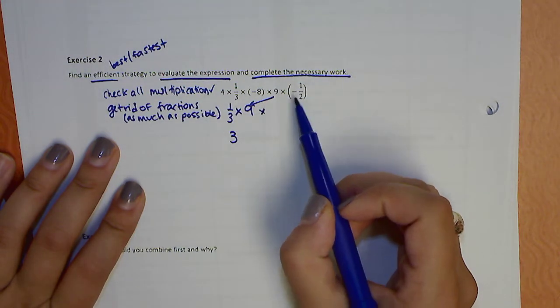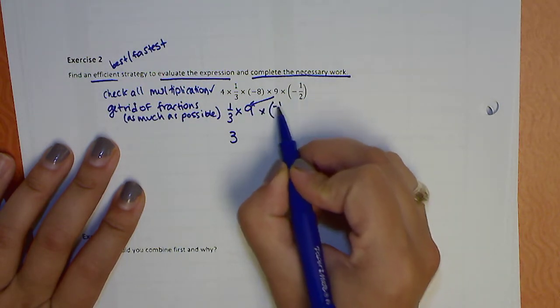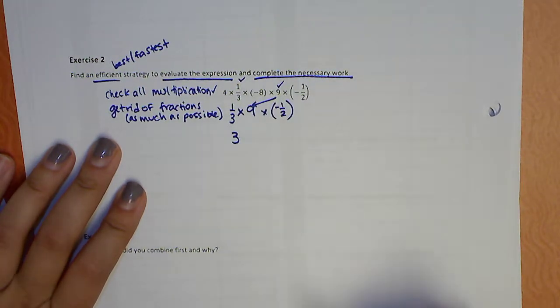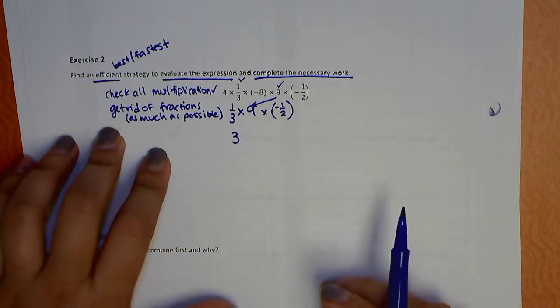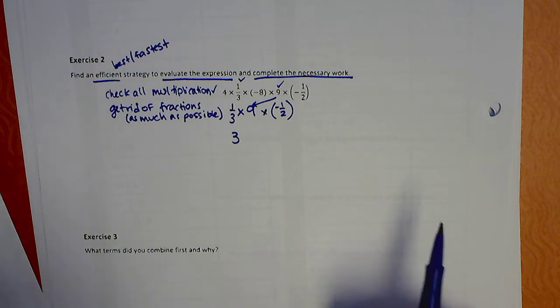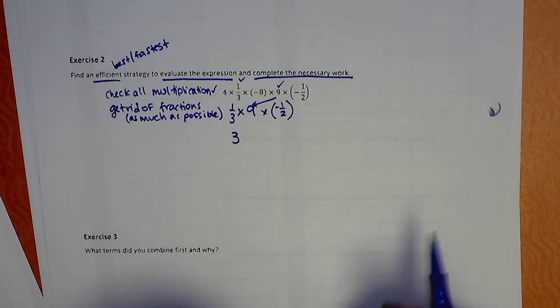I also want to get rid of this negative 1/2. We've already used this one in our rewrite. Let's see if there's another number that we can multiply that will change the negative 1/2 into a non-fraction. Yeah, we can multiply times 4 or times -8.